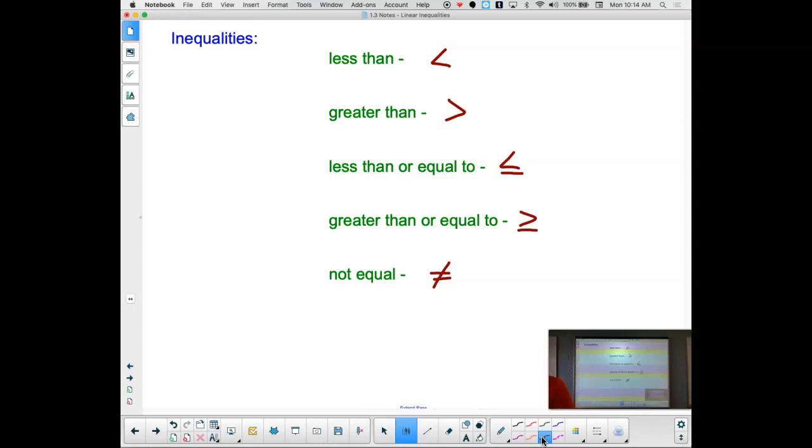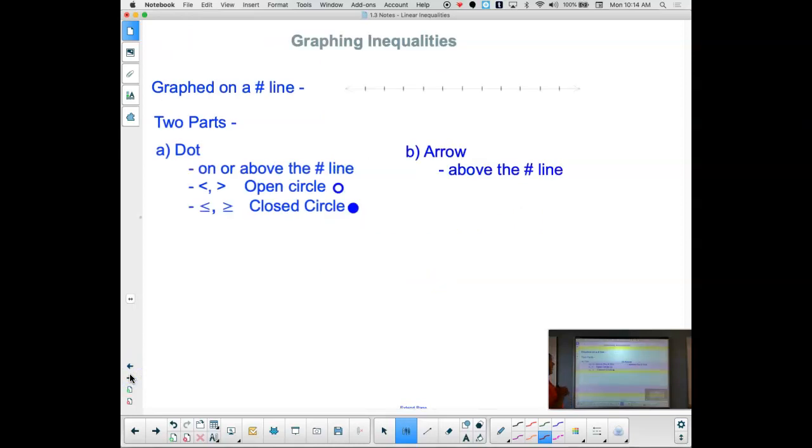So the graphing part of the inequalities. Okay? We graph, for this one, we're going to graph just on a number line. And the graph on that number line is going to have 2 different parts.